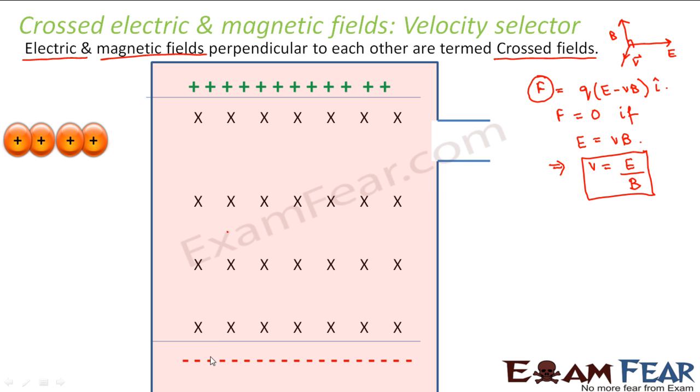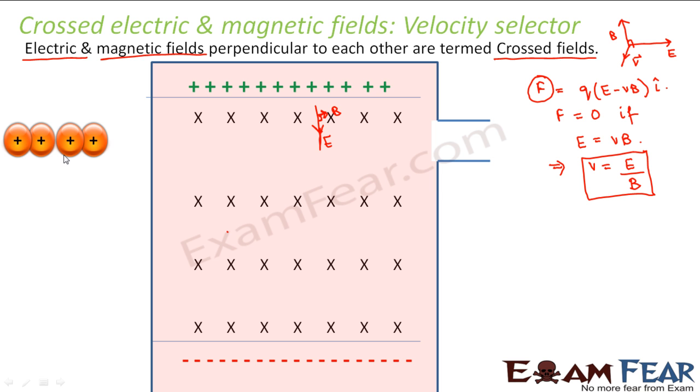This plus and minus shows that an electric field exists from positive towards negative, and this cross sign shows that there is a magnetic field which is perpendicular to the electric field but going downwards into the plane of the paper, right? So this is the direction of electric field and this is the direction of magnetic field. This direction is perpendicular to the electric field but it is going down the plane of the paper, right?